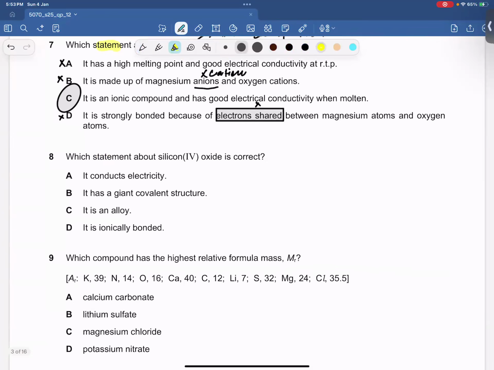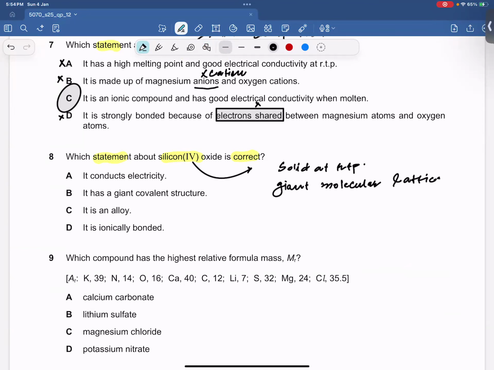Which statement about silicon dioxide is correct? By the way, silicon dioxide is solid at RTP and it has a giant molecular lattice. And obviously it can't conduct electricity.